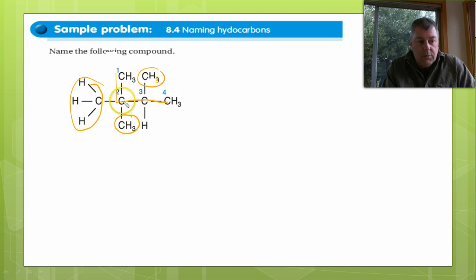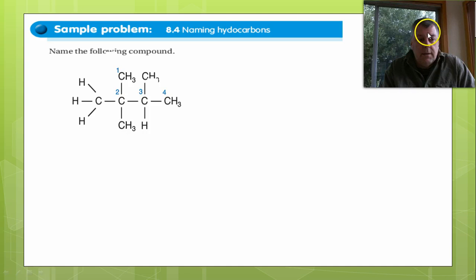And in this case, because we've got 2 branches coming off here, no matter which way we drew those different lines, these are going to both be numbered 2, because if we numbered from this end, they would be 1, 2, 3, and 3 is not as small as 2. That means that this branch needs to be a 2. Now these are all methyls, so this is going to be methyl 2, and then methyl 3, or 3-methyl to be more precise.